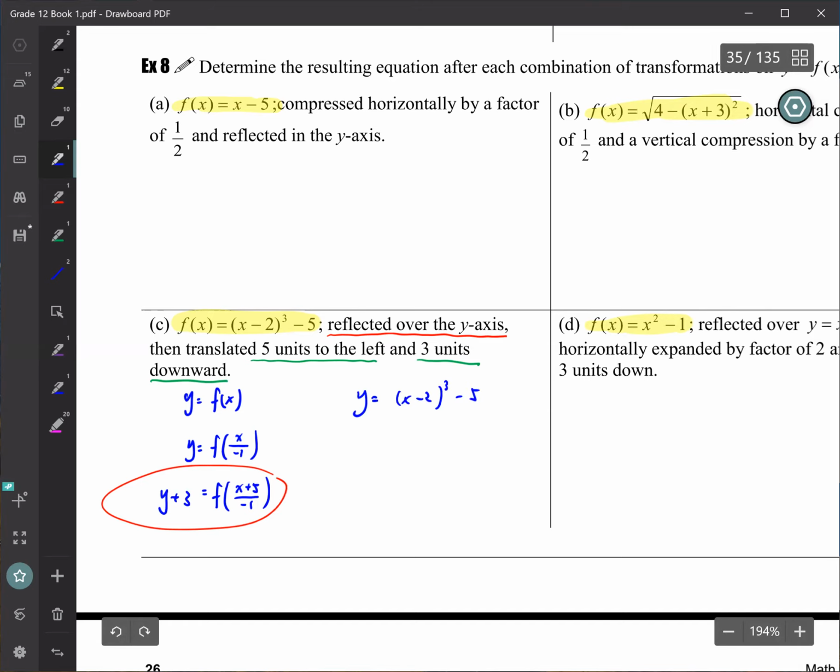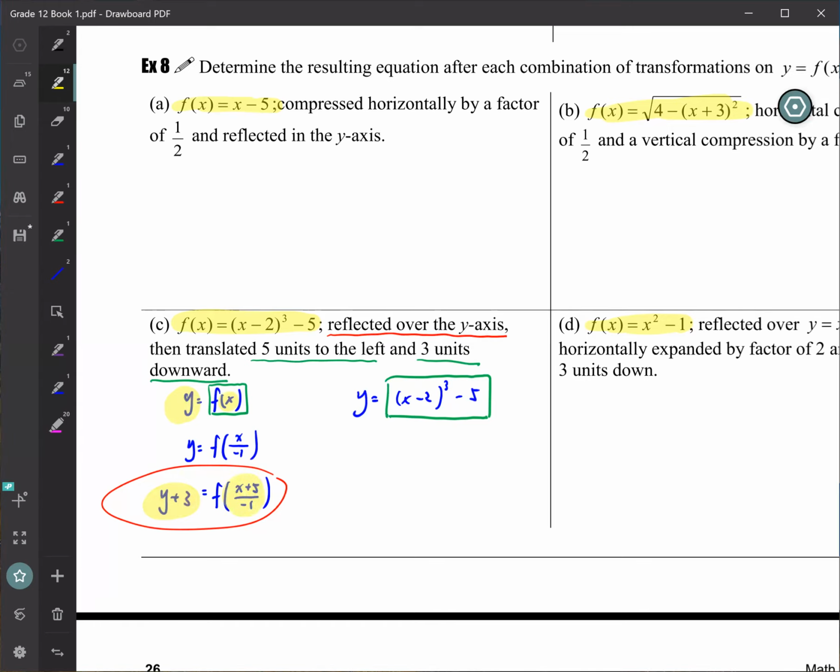F of x is this part. So the y is being replaced by y plus 3, and the x is being replaced by x plus 5 over -1.